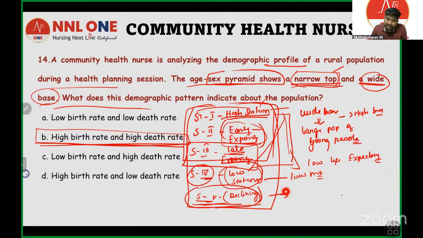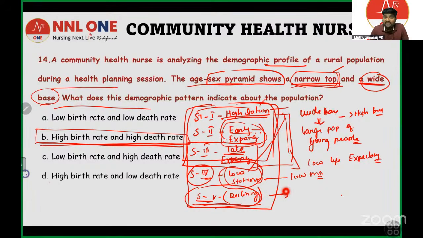When there is high birth rate and high death rate, it is high stationary. When the birth rate remains constant and the death rate falls, it is early expanding, where the demographic gap starts increasing and becomes maximum.